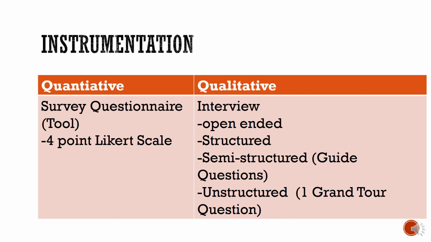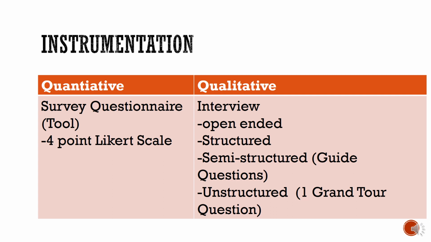Okay. For qualitative, it's usually interview. Open-ended, meaning the questions are not answerable by yes or no. There are different types. Structured, meaning you already have a set of questions that you intend to ask. However, some panels may argue that you will become biased because you already prepared your questions beforehand.